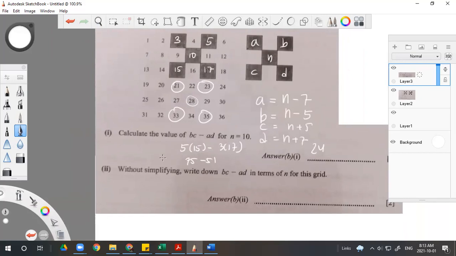Oke, write down BC minus AD. Pasti jawabnya bakal sama nih. BC, n minus 5, n plus 5, minus AD, n minus 7, n plus 7. Again, n square minus 25, minus bracket, n square minus 49. N square cross out, negative 25 plus 49. 24, sama saja. Oke, it's the same.